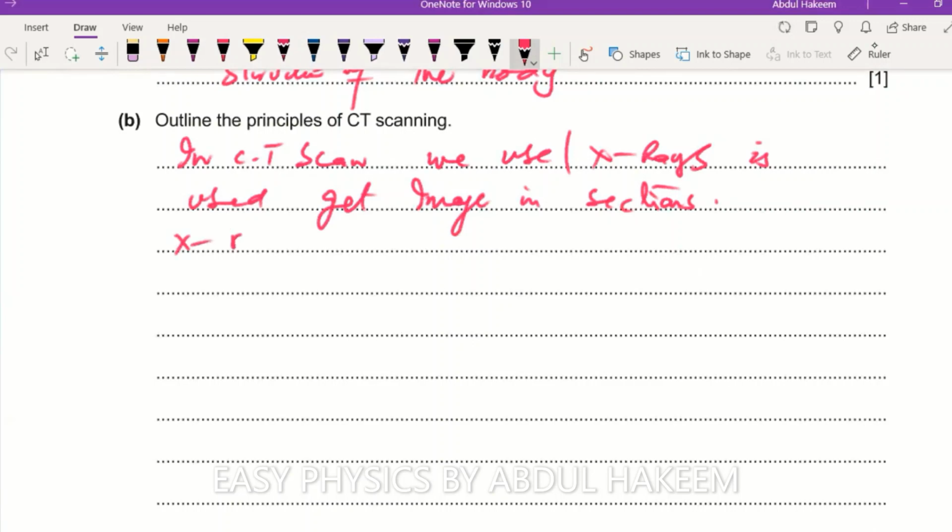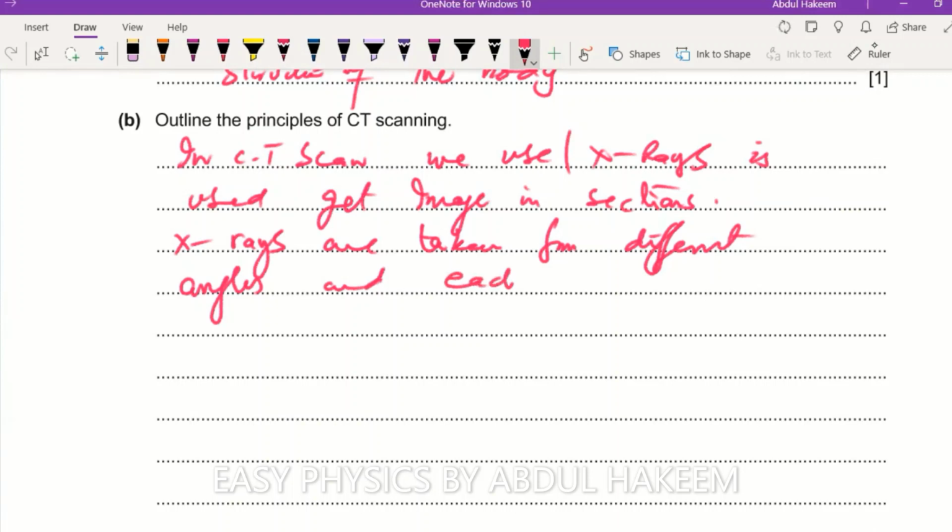X-rays are taken from different orientations, from different angles. And each image is two-dimensional, of each section.